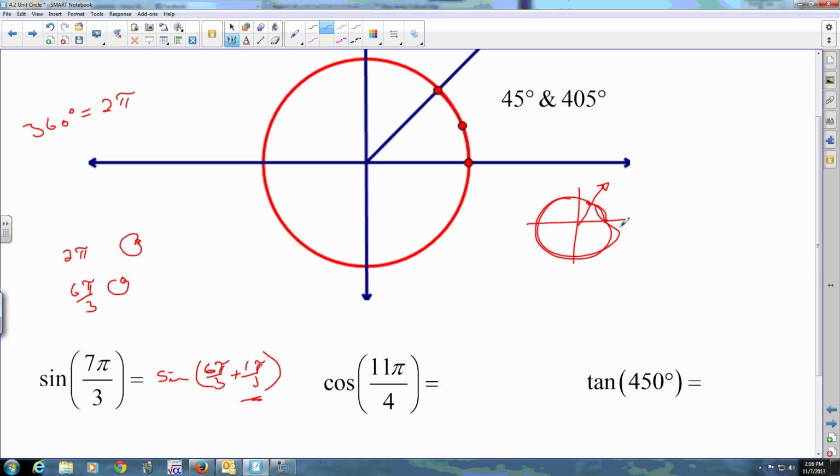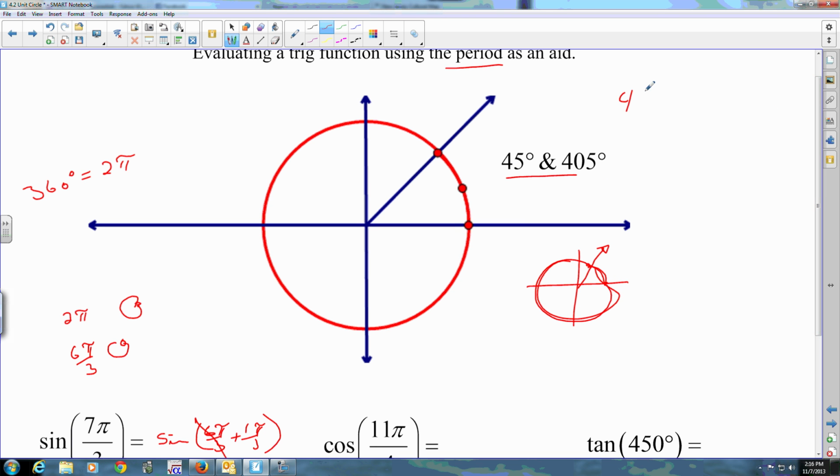So it's saying, what's that angle? Well, that angle's the same as pi over 3. You're at the same location as pi over 3. So in effect, the full circle can be disregarded because you've landed at the same location. The example here was 45 and 405. 45 plus 360 equals 405 degrees.